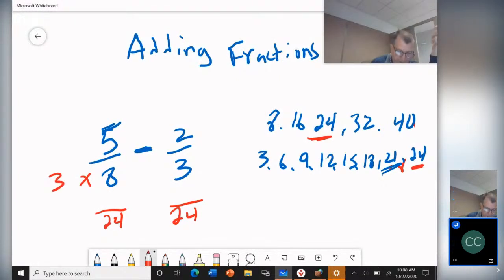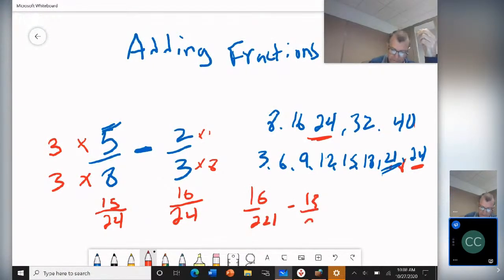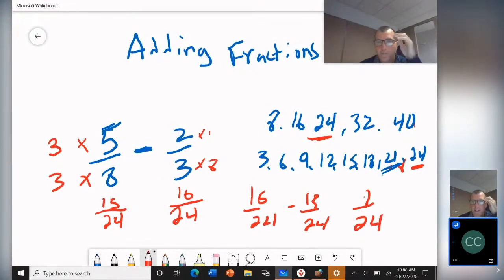That would be 3. If we multiply bottom times 3, we have to multiply top times 3. 3 times 5 is 15. And for this one, 3 times 8 is 24, and 2 times 8 is going to be 16. So you have 16/24 minus 15/24. It's going to be 1/24. Whether you're adding or subtracting, it's exactly the same process.